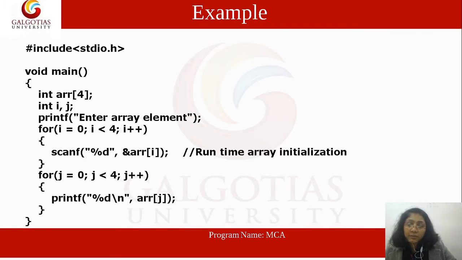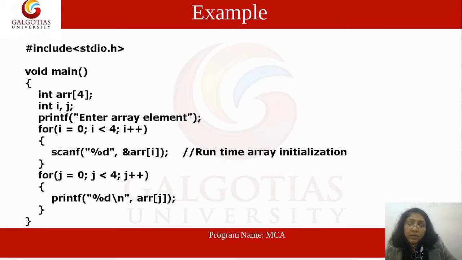Now, this is an example where I'm using scanf for runtime initialization. I'm writing, enter the array elements. Because I'm taking the size of the array as 4, I'm using a for loop for traversing each and every index or every component of the array. So i equal to 0.